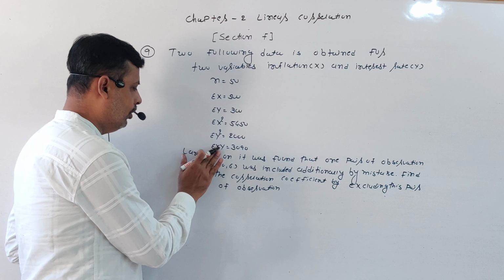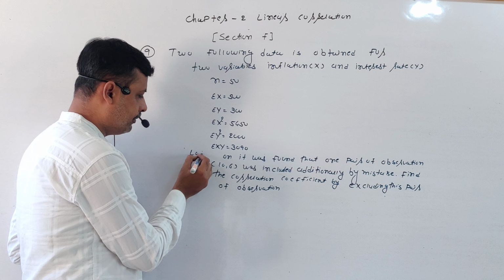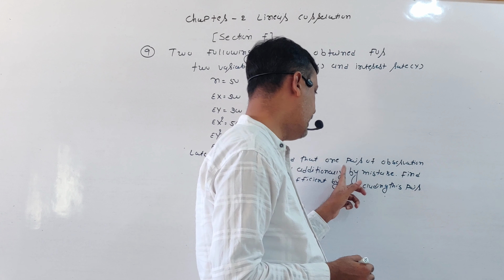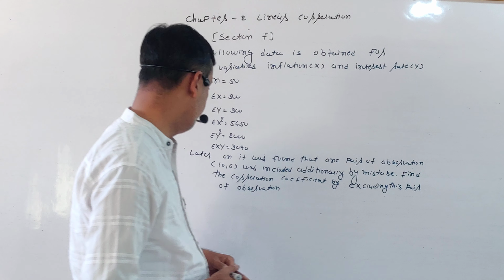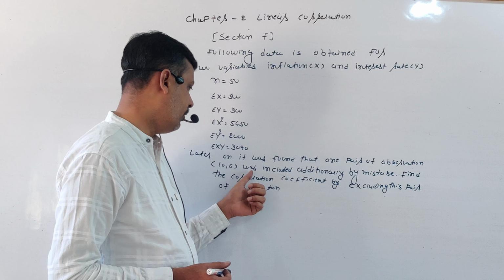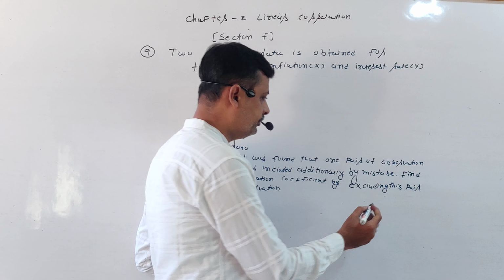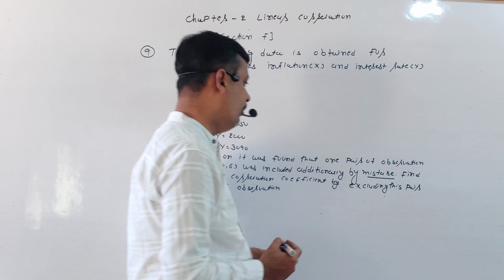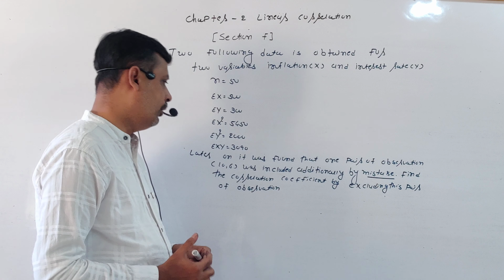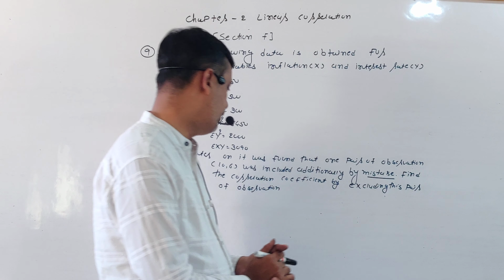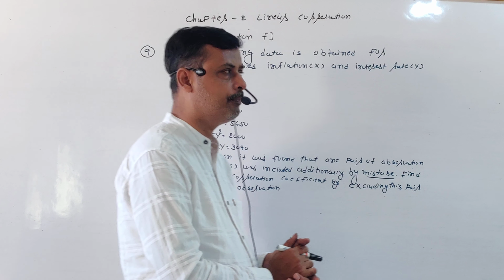Later on, it was found that one pair of observation, 10-6, was included additionally by mistake. Find the correlation coefficient by excluding this pair of observation.